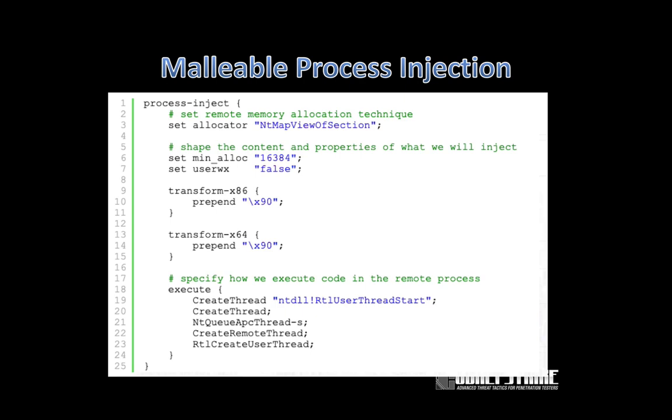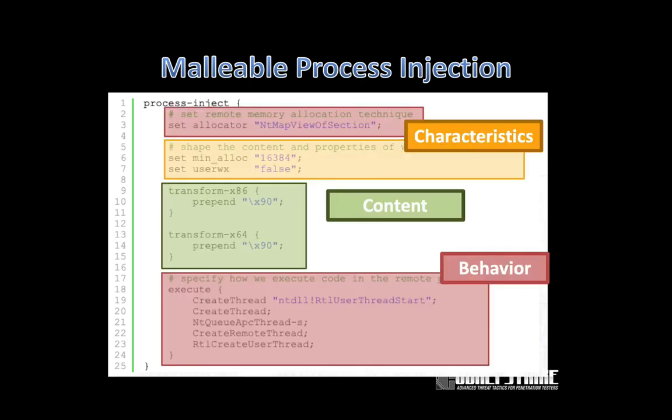Well, Cobalt Strike gives you control over how it does process injection via your malleable C2 profile. That is the process-inject block. Here's what it looks like. The process-inject block can shape the characteristics, behavior, and content when Beacon does process injection.